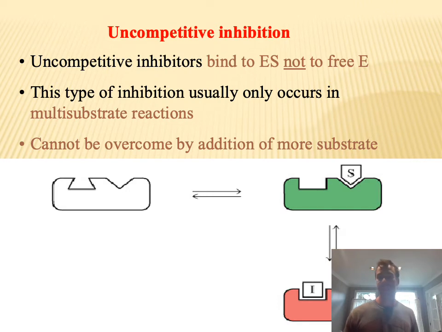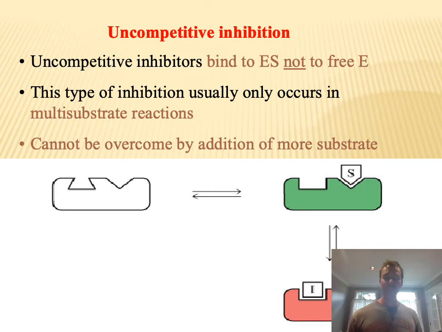Uncompetitive inhibition is different yet, in that uncompetitive inhibitors bind to the enzyme substrate complex, not to the free enzyme. So you have the free enzyme, you add the substrate, then you have the enzyme substrate complex.